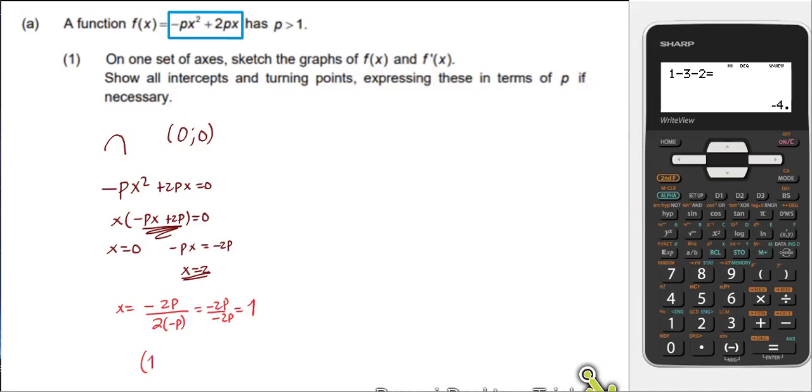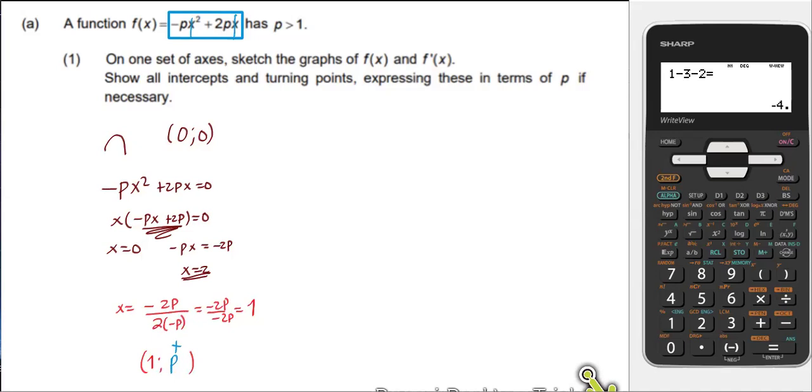Now I need the y value, so I substitute 1 to get the y value for the turning point. Putting 1 in, I'm left with minus p plus 2p, so I'm left with p. I know p is positive. Good. Now I'm ready to sketch the graph.